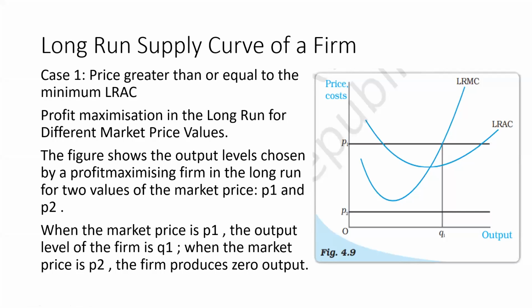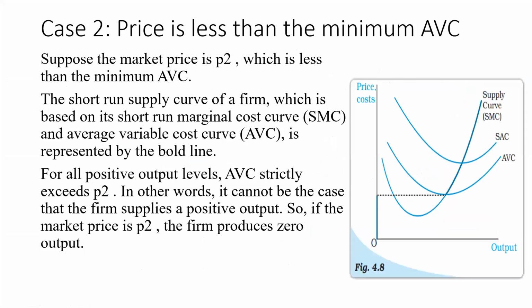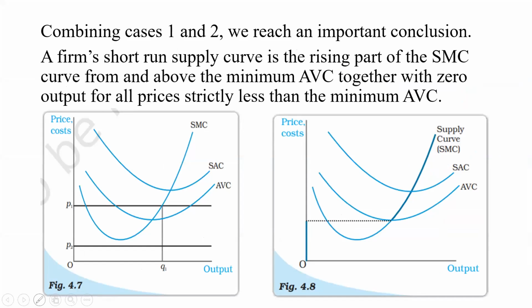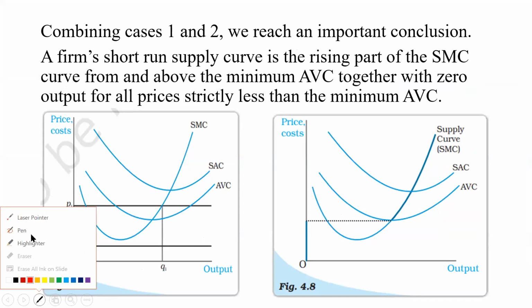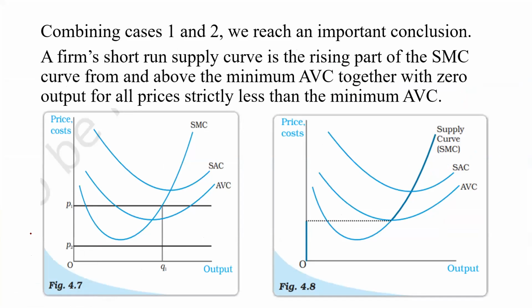Today we are going to study the long run supply curve of a firm. In the short run, when the price line is above or equal to the average variable cost, we will produce Q1 amount of output. That time the price will be P1. So we can write it as price is greater than or equal to the average variable cost.